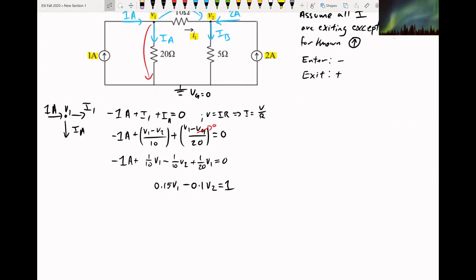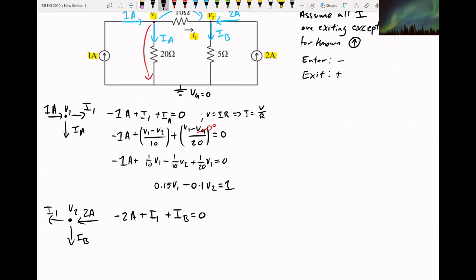Okay, now if we look at V2, we'll have 2 amps coming in this way, we'll have I of B going down, and then we'll have I of 1 going that way. We're assuming it's going to go the opposite way. So if we write our law out, minus 2 A plus I1 plus IB is equal to 0.